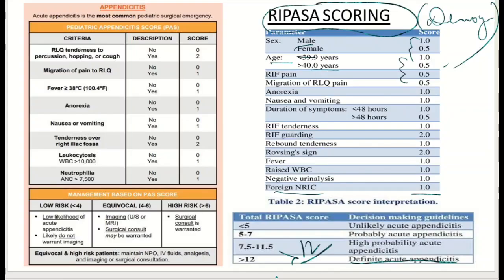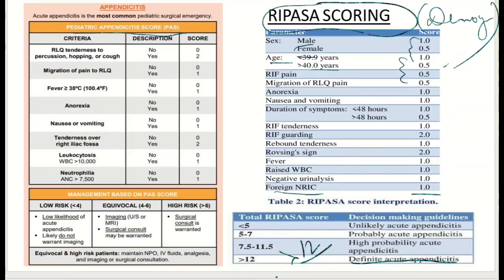Now another system I have mentioned here is important in pediatric age group. This is called PAS score, pediatric appendicitis score, because children may not be able to give you proper history regarding pain.